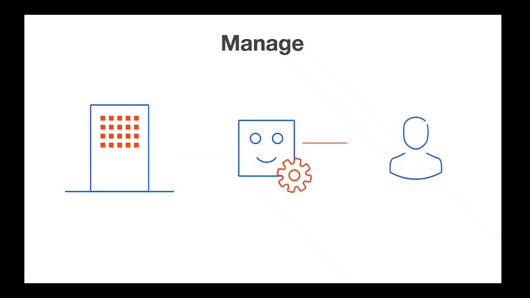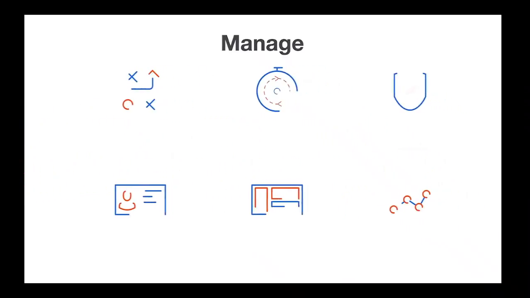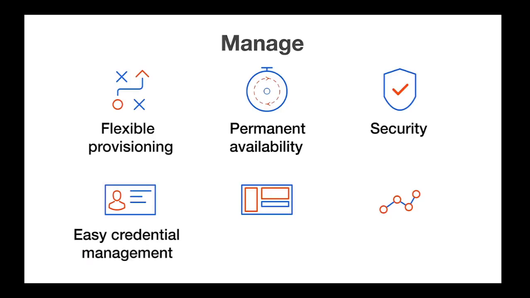Implementing and scaling RPA at an enterprise level means the robot workforce needs to be managed just like a human workforce. And flexible provisioning, permanent availability, security, easy credential management, and real-time monitoring of SLA indicators are crucial when we talk about large-scale deployments.